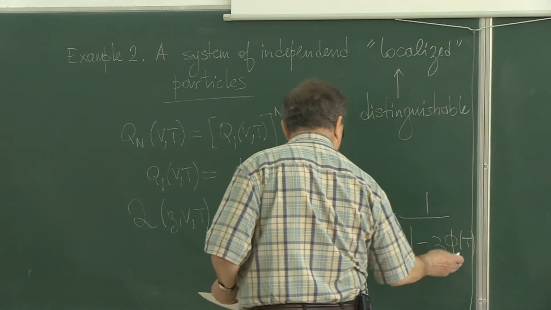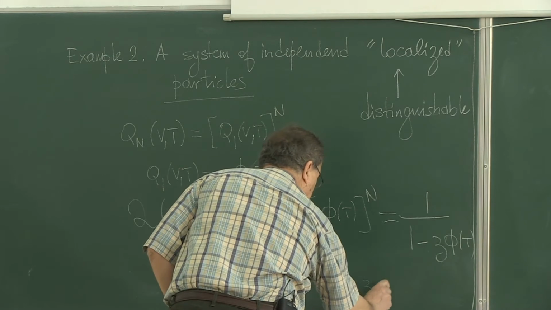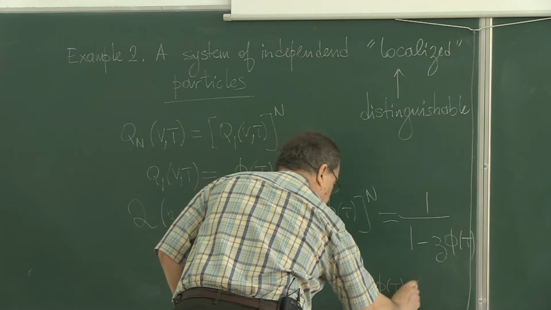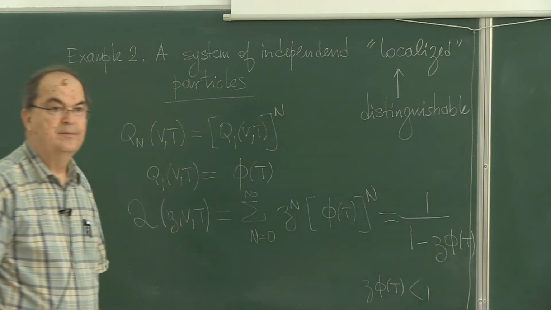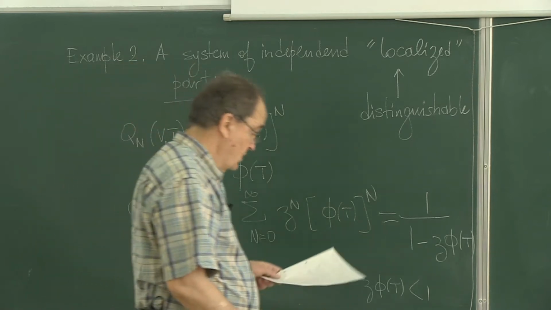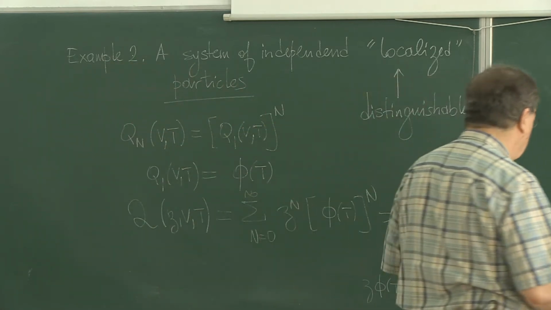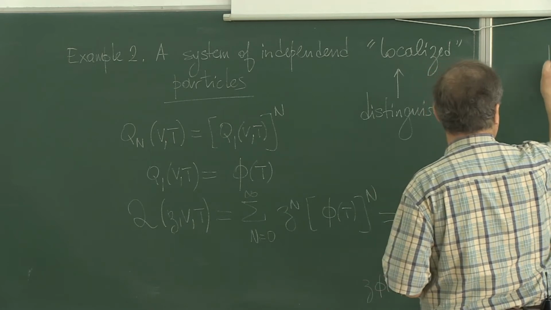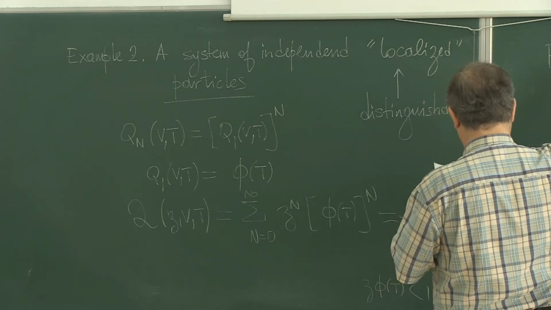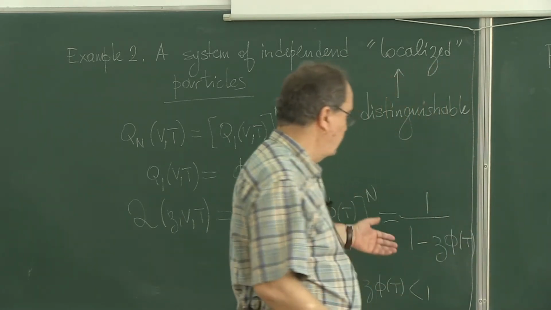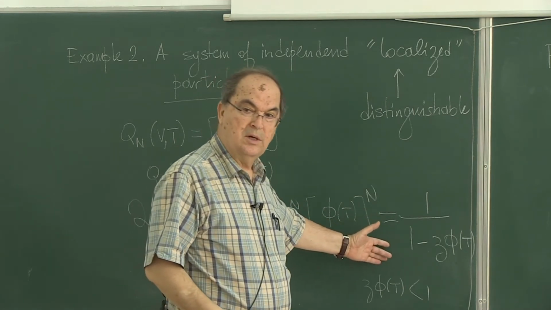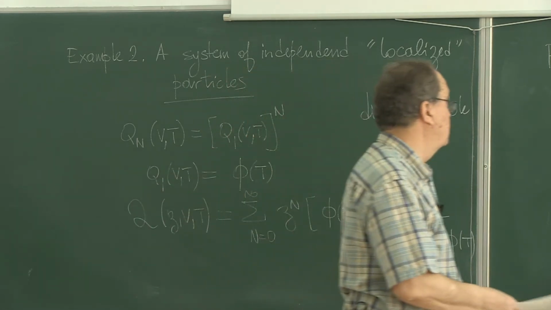Again, for convergence, z phi(T) this time must be smaller than 1.